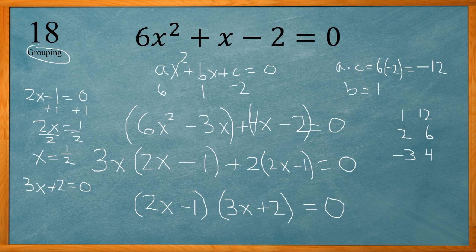And the second one, I subtract 2 from both sides, which gives 3x equals negative 2. Divide both sides by 3. That gives me x equals negative 2/3. Okay, so just like we did the last one by guessing, we still ended up with the same answers. X equals 1/2 and x equals negative 2/3.